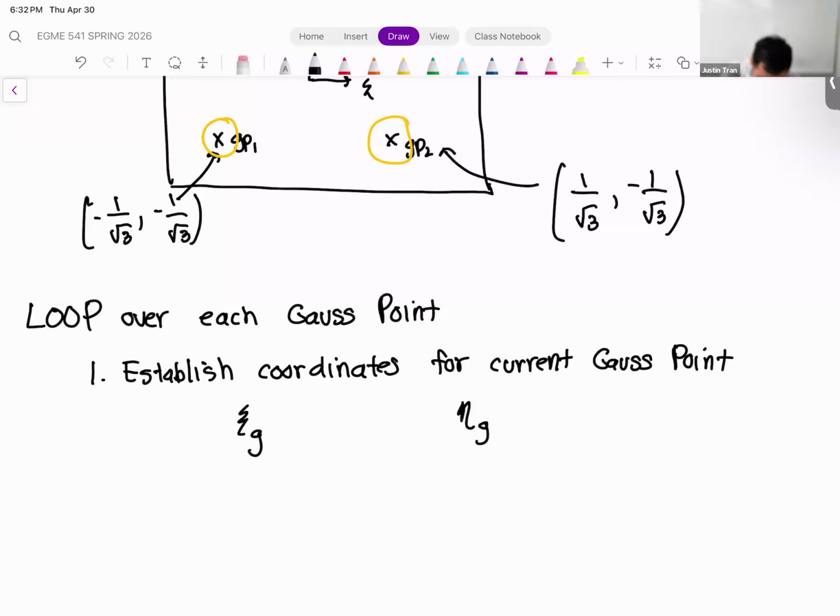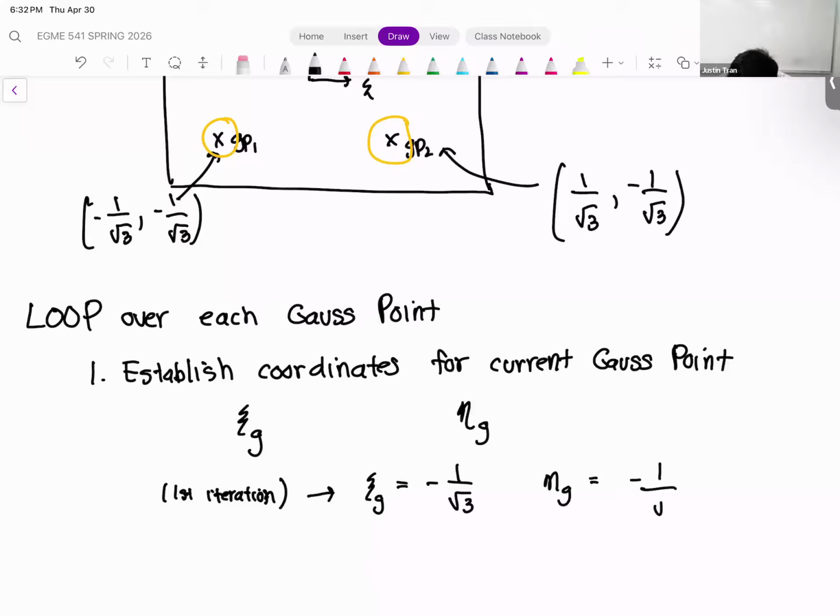For example, on the first iteration of the loop, we're going to plug in epsilon g. You just have a simple statement: epsilon g is equal to minus 1 over root 3, and eta g is equal to minus 1 over root 3.